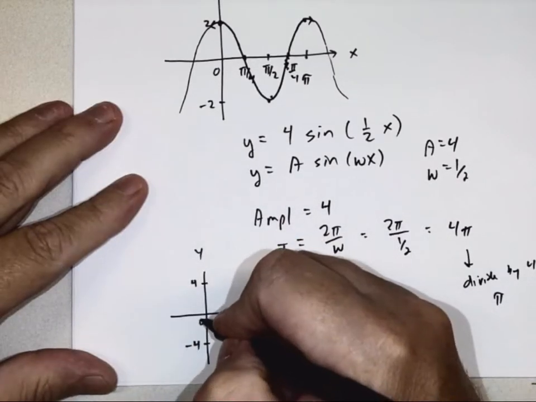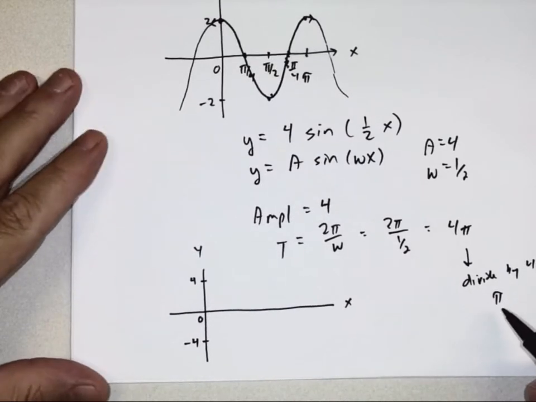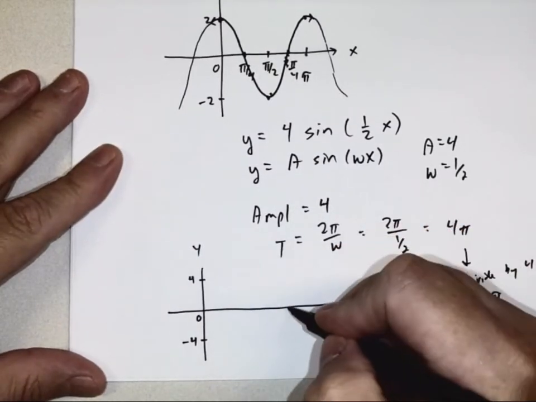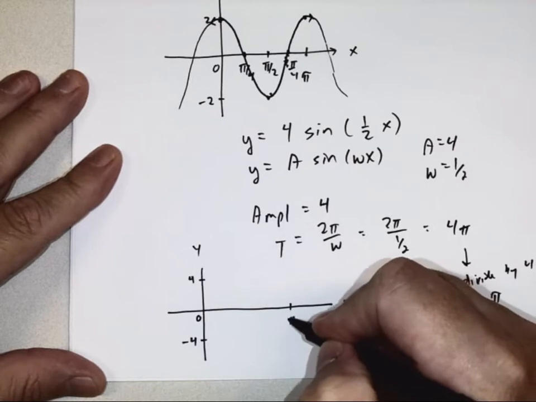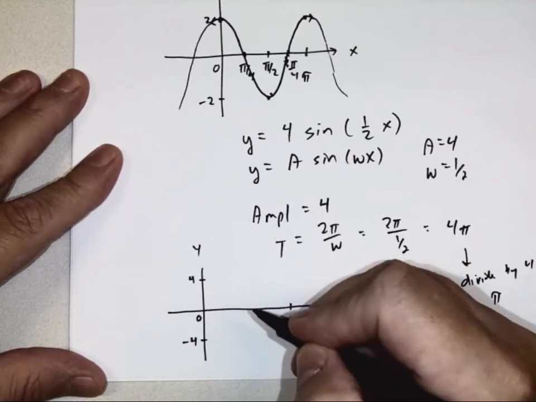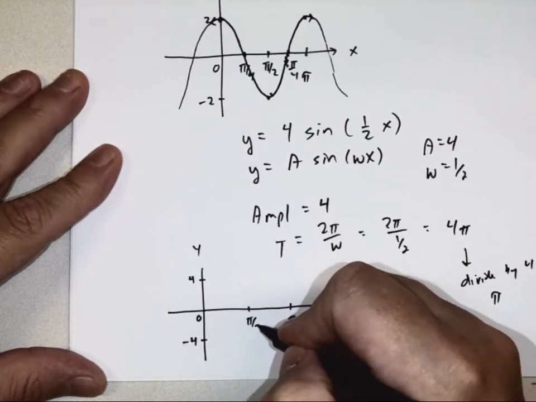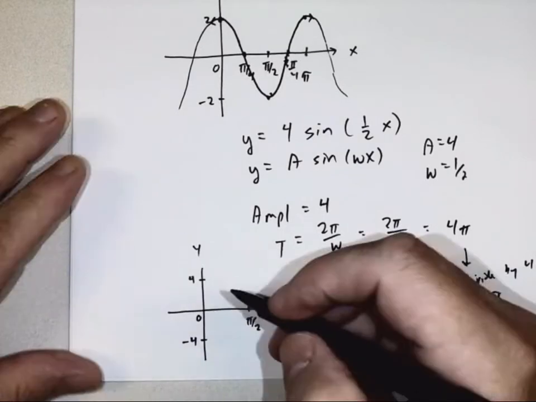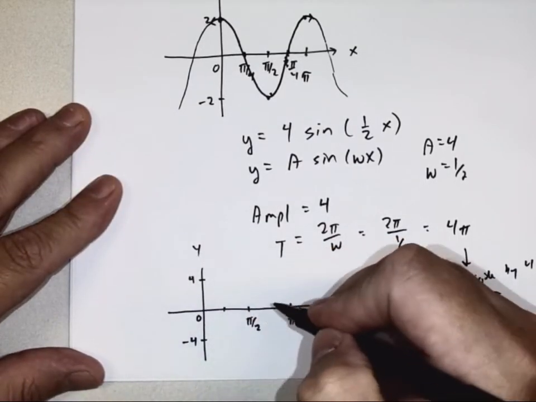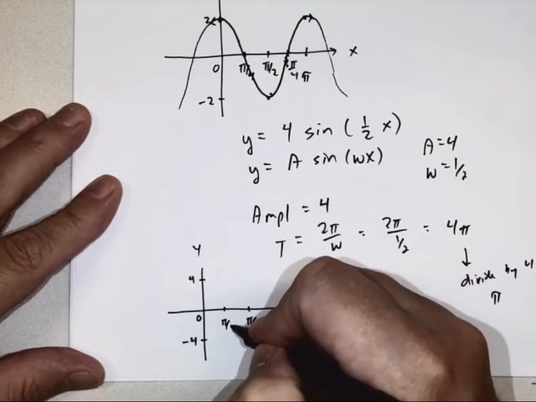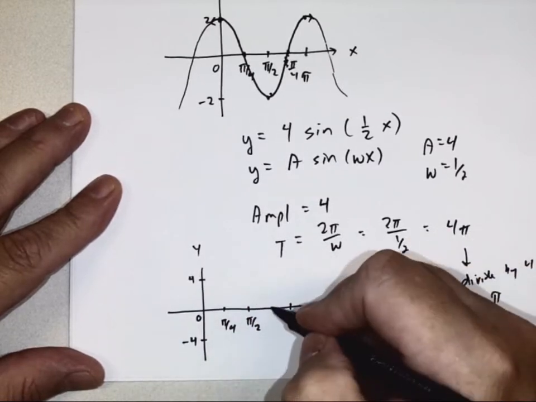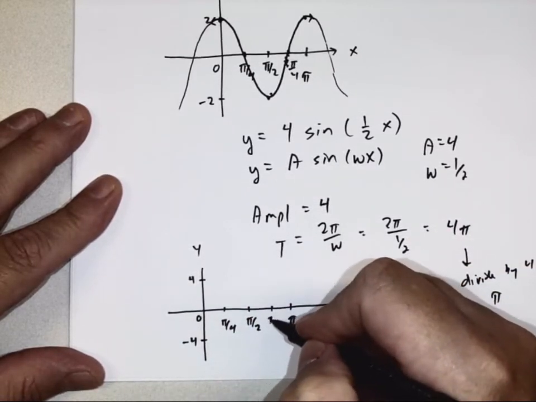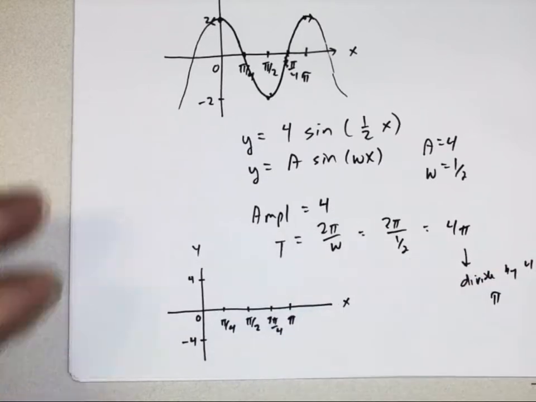Of course, this is 0. If I know my period is 4 pi, I'll just go maybe right out to here. Of course, if I cut it in half, 2 pi. If I cut that in half, pi, and 3 pi.